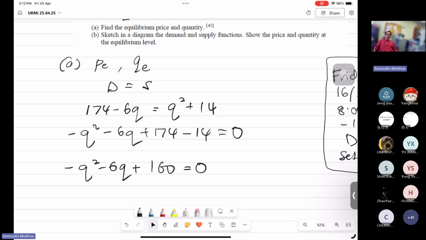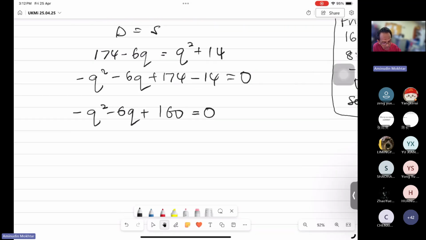So now we need to find what is Q to make the equation equal to 0. What is the number? What is the quantity? Q is quantity. So this is a quadratic, as I said earlier.